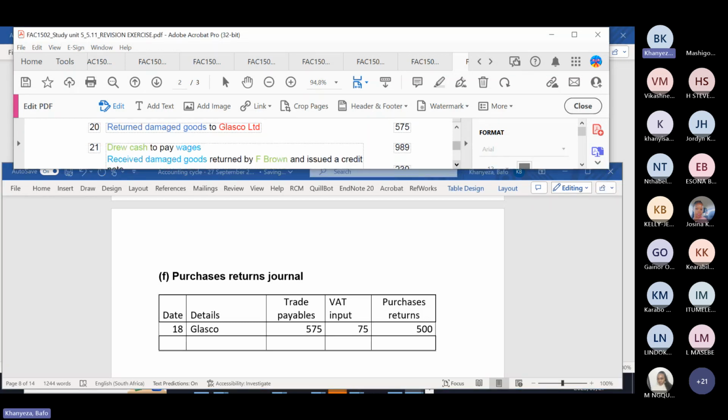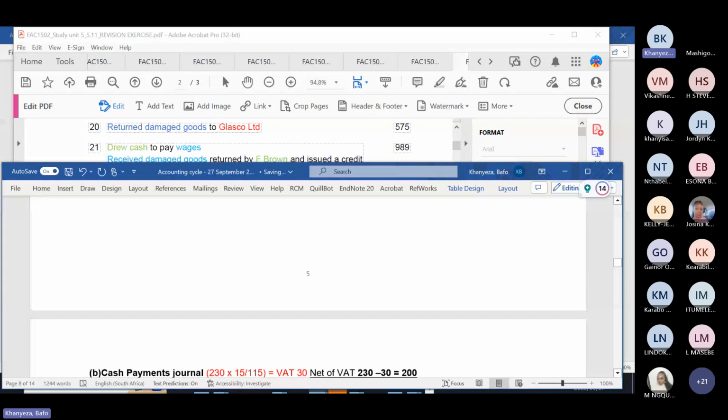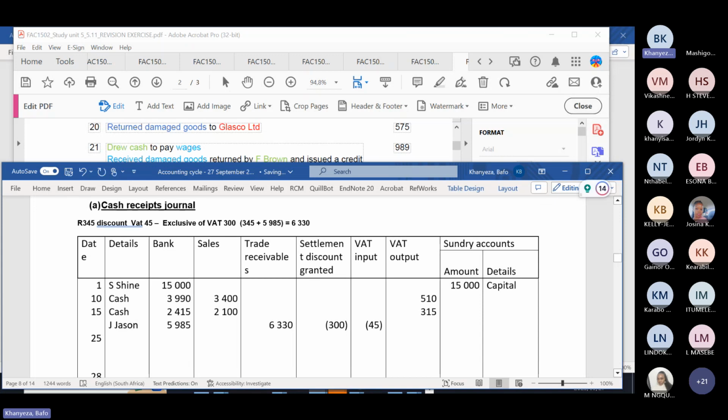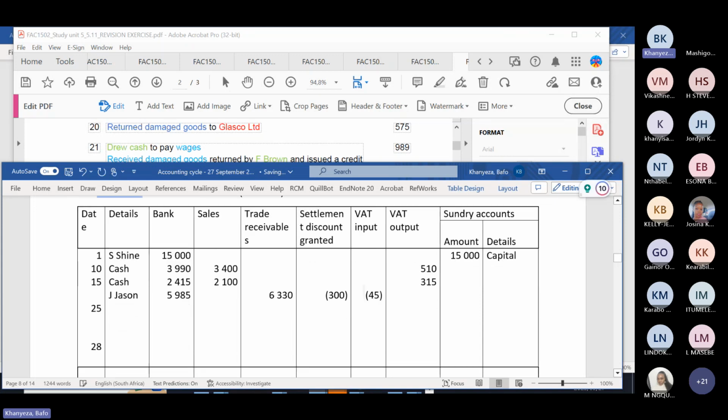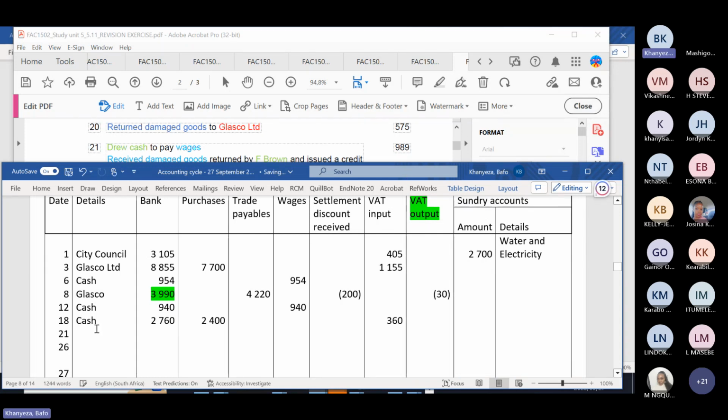Cash to pay wages. It's routine. I think by the time we do the last one, you will know where it goes. We are not receiving, we are paying. So on the 21st, it's going to be a cash payment. They went to the ATM so that they could withdraw wages, 989.